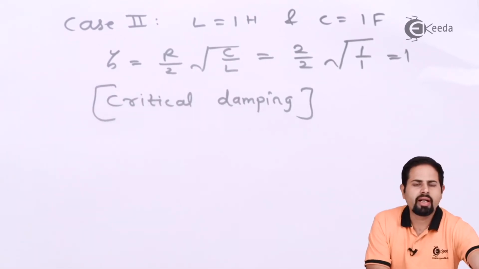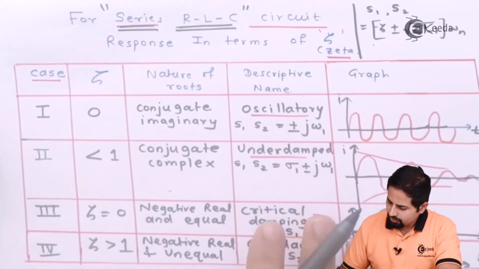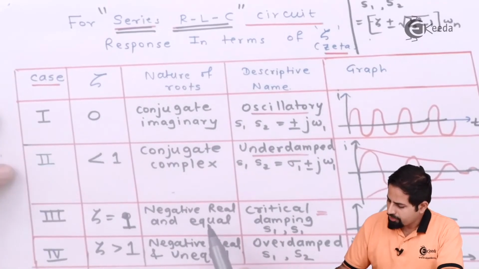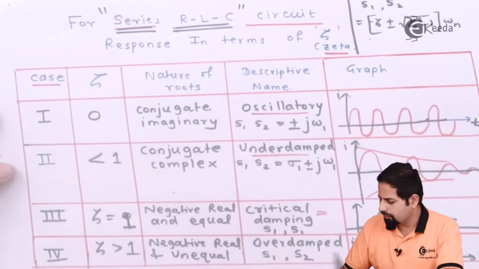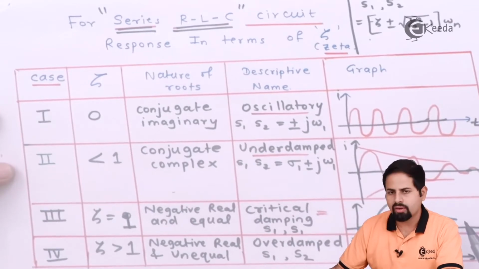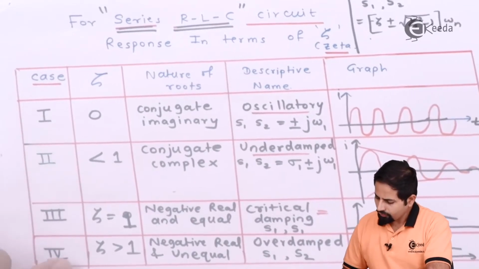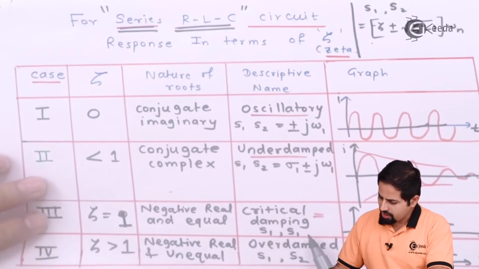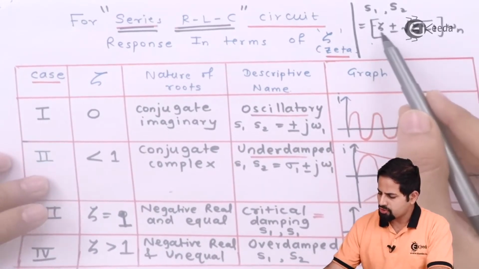Now if you see the table that we have already made, when zeta is 1, we get negative real and equal roots, and that is the case of critical damping. So this is how it is. So our roots are S1 and S2. So we will write those roots here.